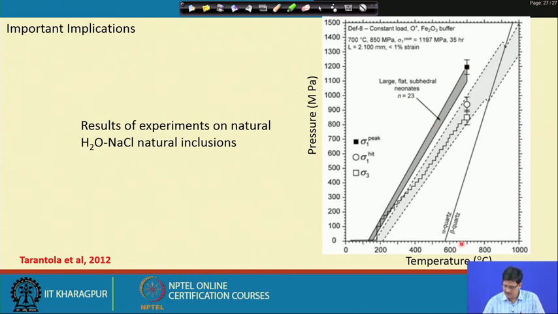Here the temperature is known, 700 degrees in this case, because we know the temperature of experimentation. So, we can always get the pressure corresponding to the neonat, and that could give us some idea as to what is the value of the maximum principal stress in such situations.